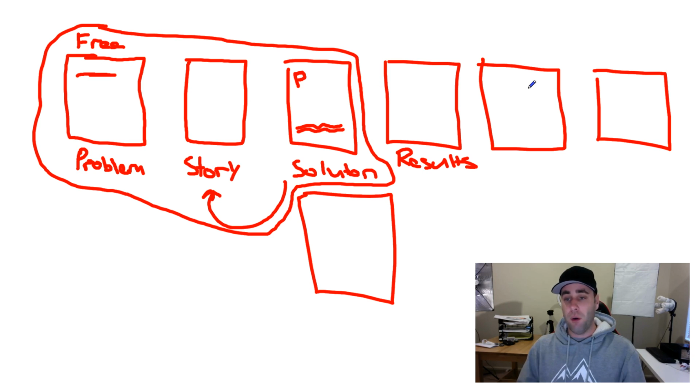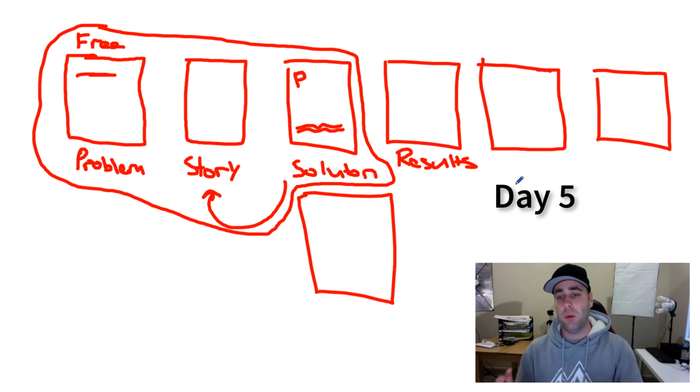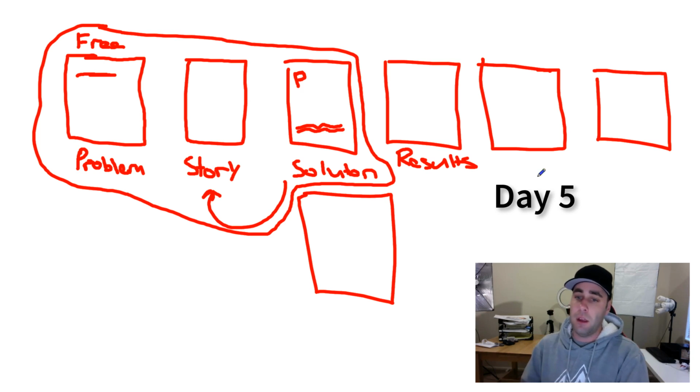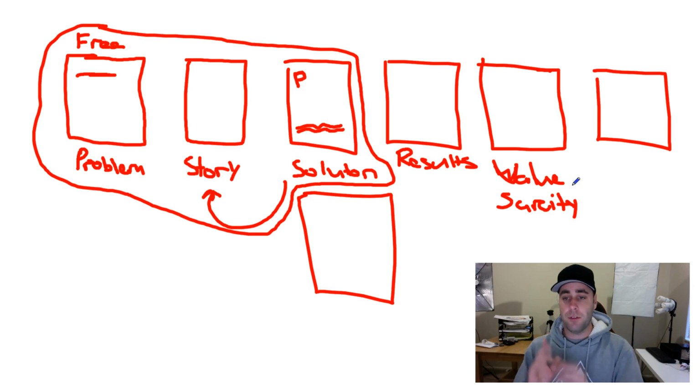Then on day, what are we at? Day 4, we introduce a little bit of value and scarcity, okay? So this is value slash scarcity. Sorry for my writing. I'm using a mouse, and I'm not at home at the moment, so that's why I'm not in front of the whiteboard.